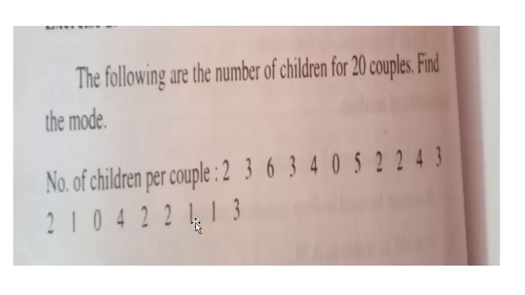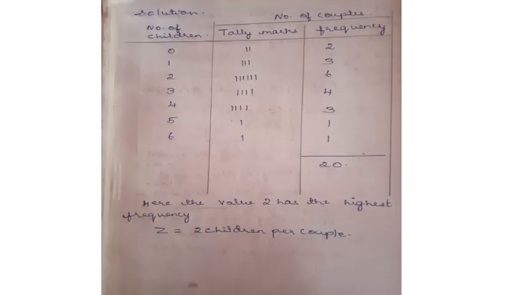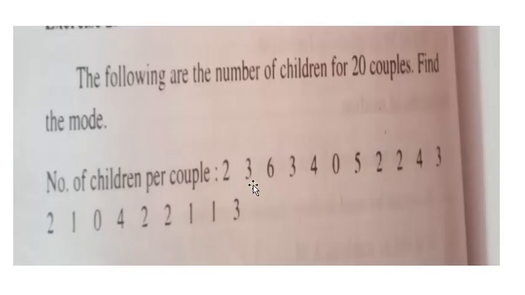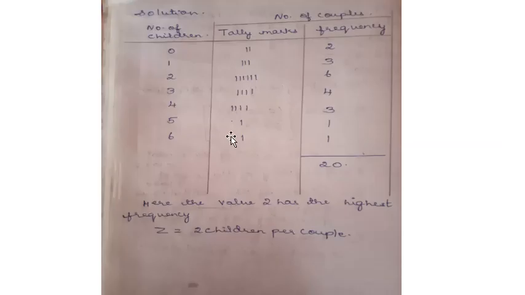Count: 3 times it is there, so I have put 3 lines, then write 3. 2 how many times is it repeated? 1, 2, 3, 4, 5, 6 times, so put 6 lines and 6. 3 is repeated 4 times. 5 is 1 time, 6 is 1 time. So the frequencies are 2, 3, 6, 4, 3, 1 and 1. Then the total is 20.